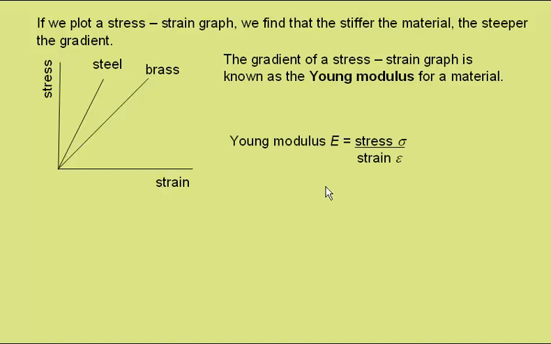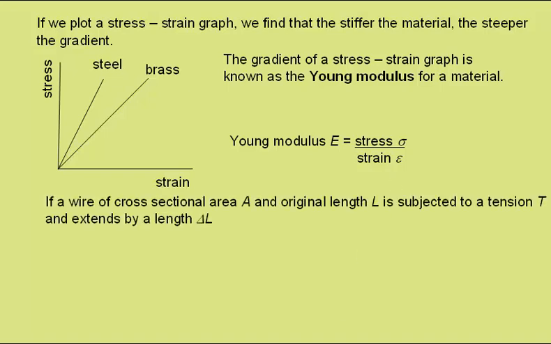Young modulus is given the symbol capital E and is found from the stress divided by the strain. If a wire of cross-sectional area A and original length L is subjected to a tension T extending by a length delta L, we find that the Young modulus E is equal to the stress, tension over area, divided by the strain, change in length over original length.